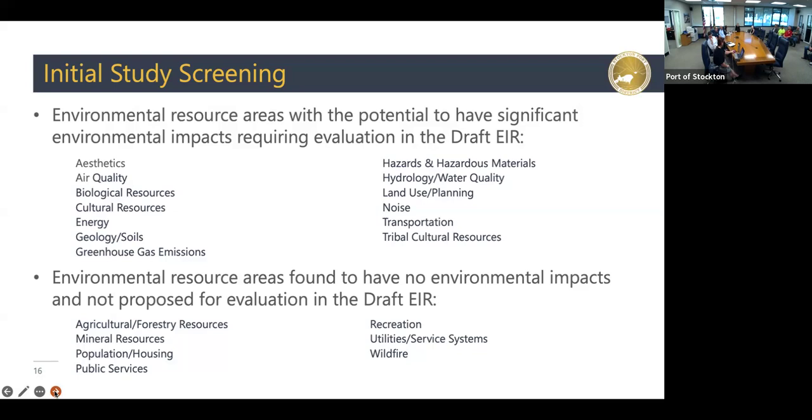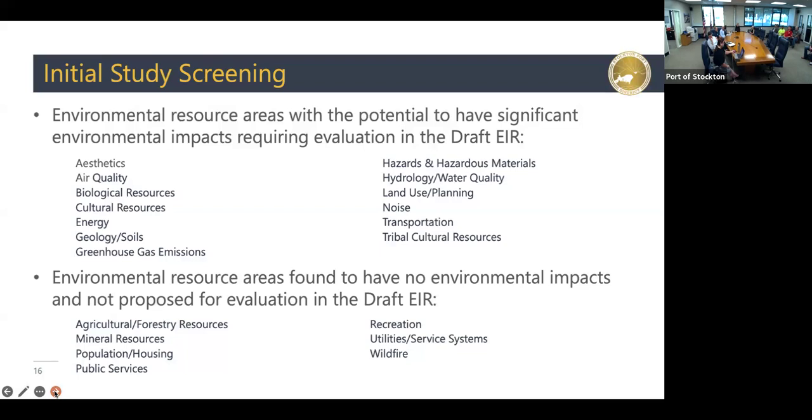Unless new information is provided during scoping or based on project changes, these resources will not be analyzed in the draft EIR. Environmental resource areas with the potential to have significant environmental impacts requiring evaluation in the draft EIR include aesthetics, air quality, biological resources, cultural resources, energy, geology and soils, greenhouse gas emissions, hazards and hazardous materials, hydrology and water quality, land use and planning, noise, transportation, tribal cultural resources.